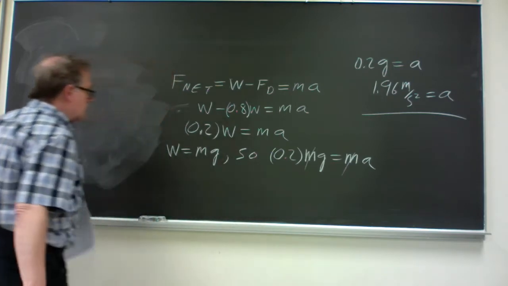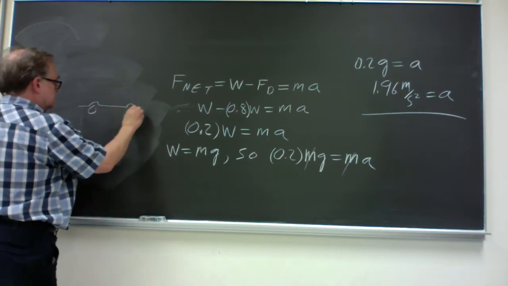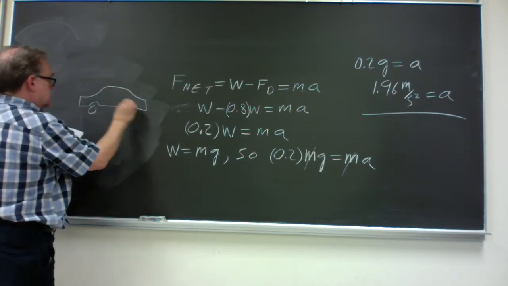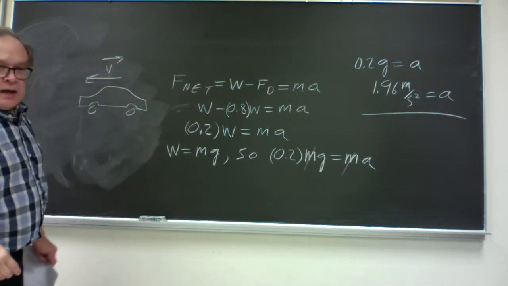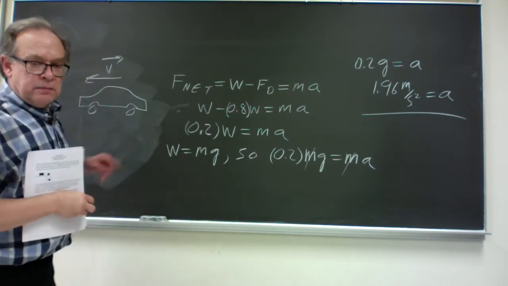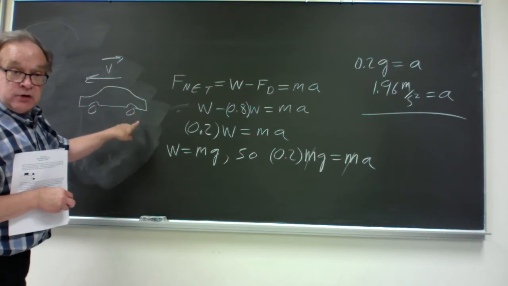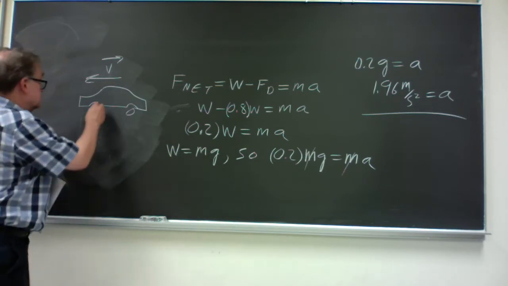So think of a car, and let's say the car is moving this way. And let's say it's a rear-wheel drive car, so the engine sends energy to the back wheels, but not the front wheels.